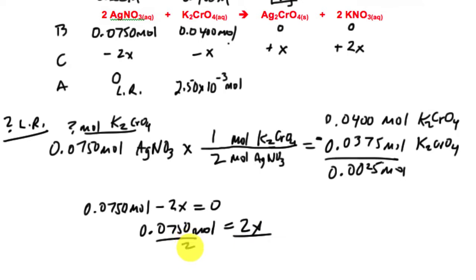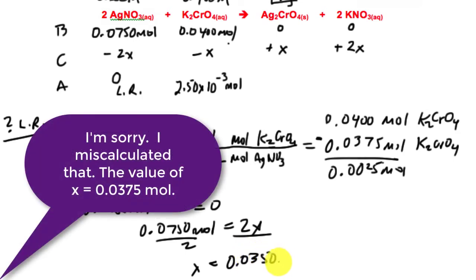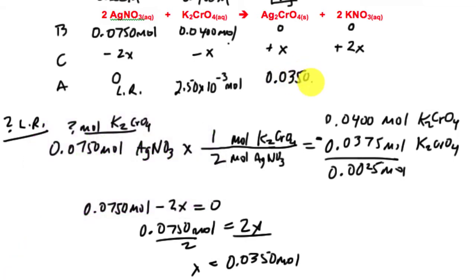Divide them both by 2 and you get x, which is essentially 0.0350 moles. So if this is 0 plus whatever x is, this has to be 0.0350 moles, and over here my 0 plus 2x would be the same as this problem, just backwards, so therefore 0.0750 moles. Alright, so now we got that established. We have all the moles that we have at the end of the problem.